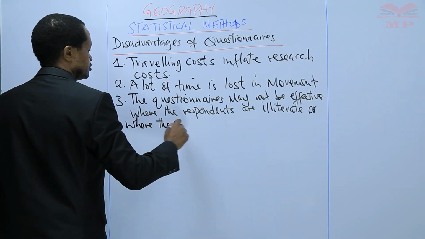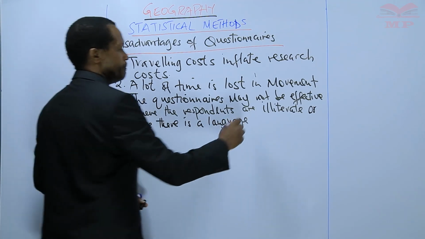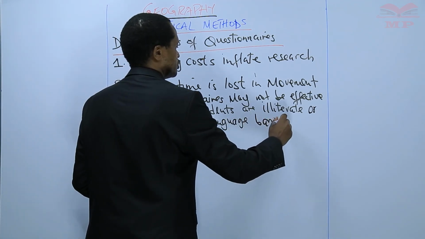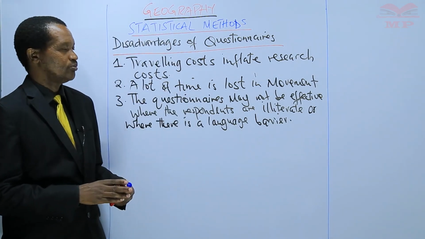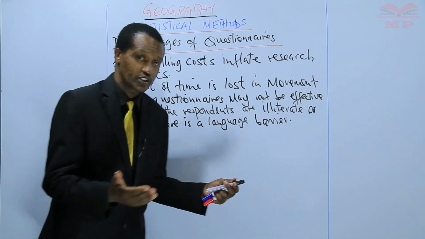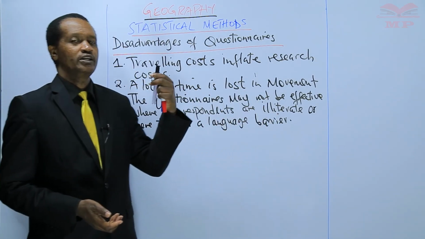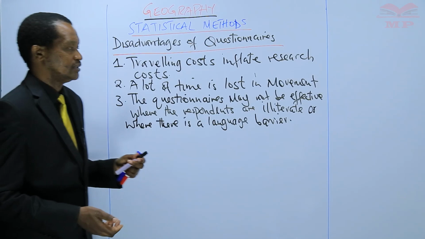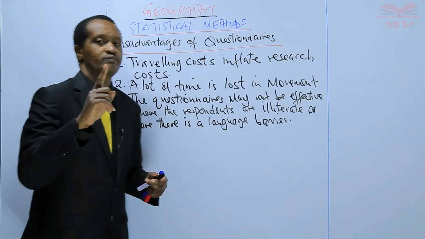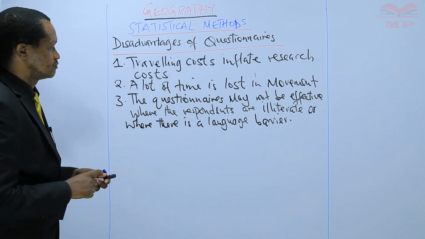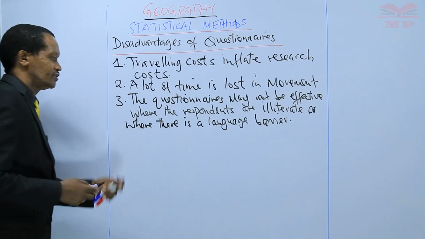For example, if your questionnaire is structured in English language and the respondents are conversant with the Swahili language, then you see the questionnaire method will not be effective. Is that clear? All right.